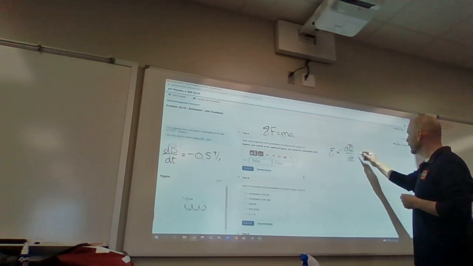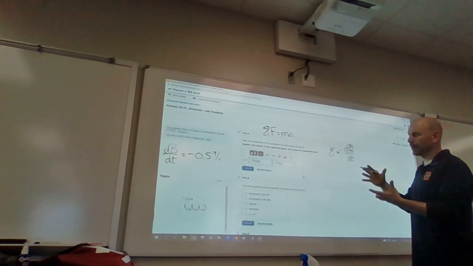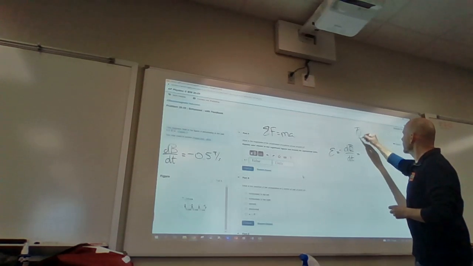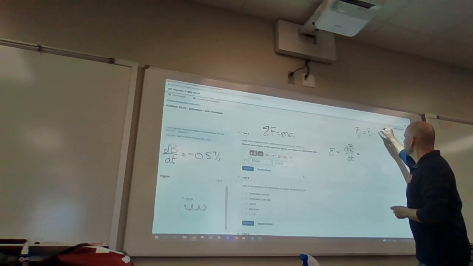There could be an N in there for number of loops, but it's just one area, so I don't have to worry about that N. So flux is equal to the field times the area.